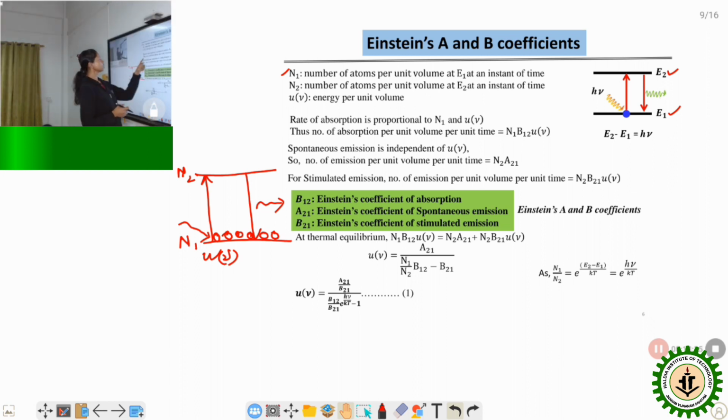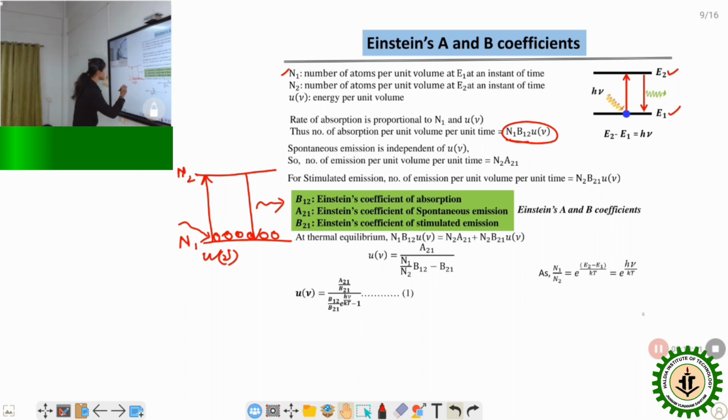And the rate of absorption per unit volume per unit time is this one, where B12 is the proportionality constant.